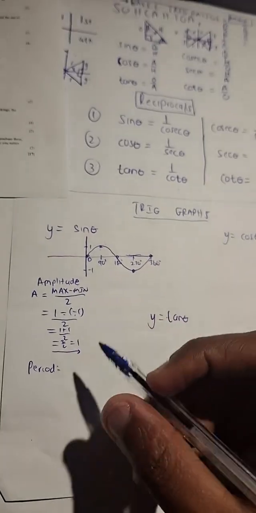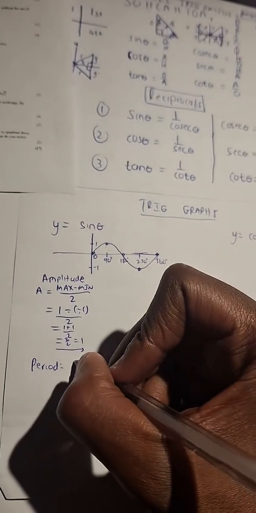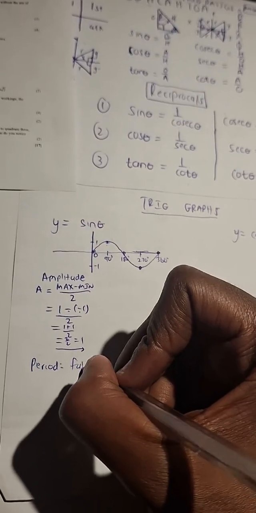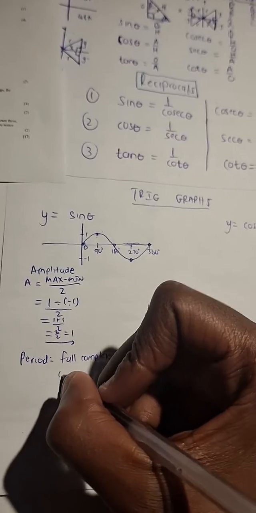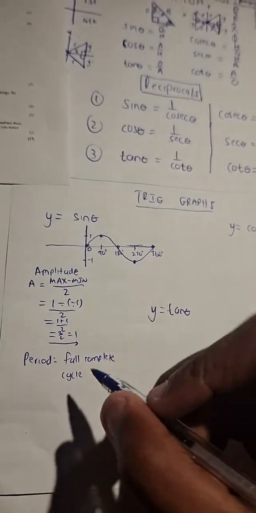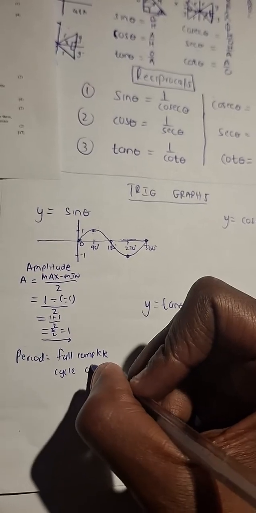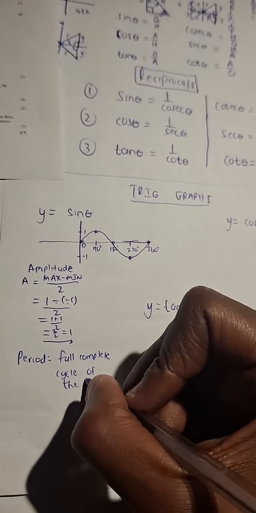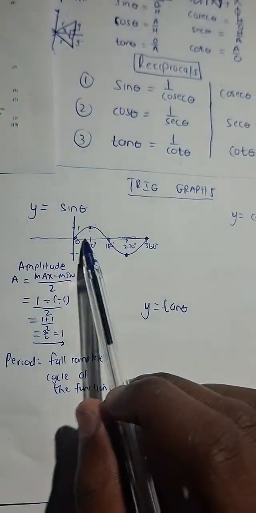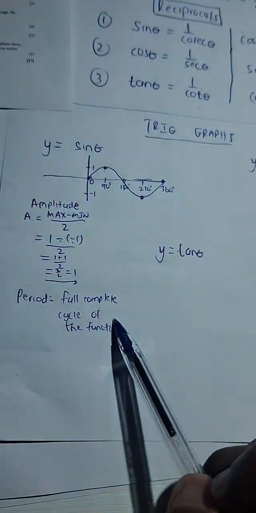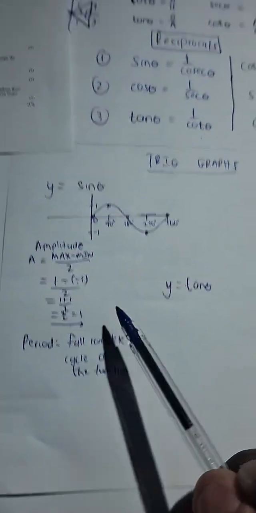Period. This is referred to as the full complete cycle. Complete cycle of the function. How many degrees does it take to complete one cycle of the function?